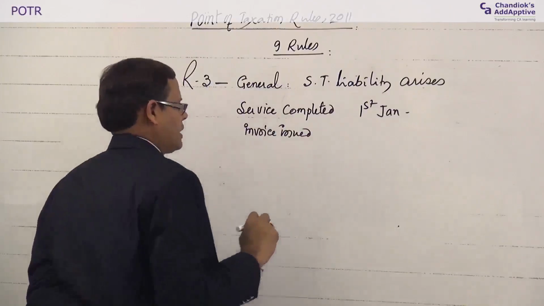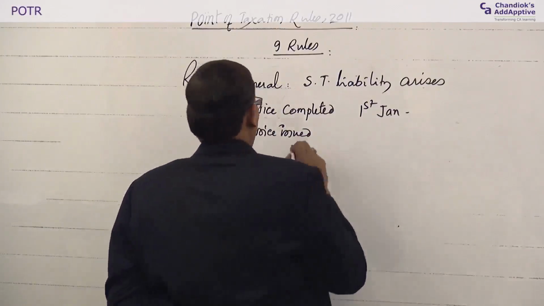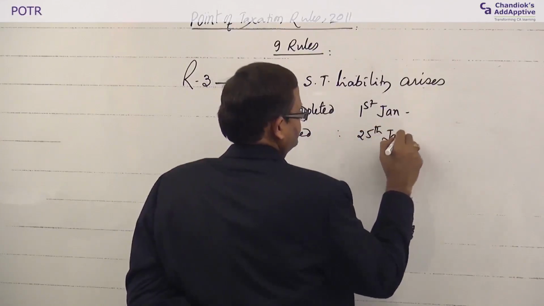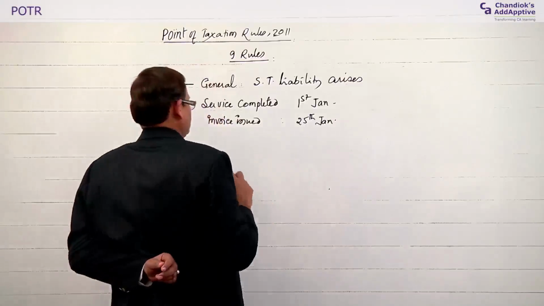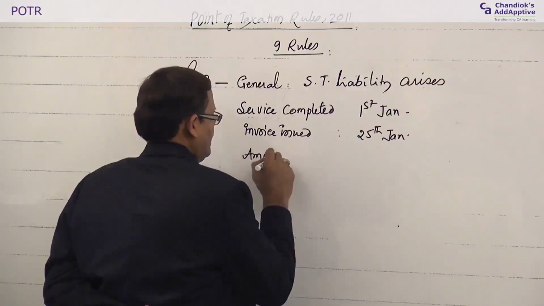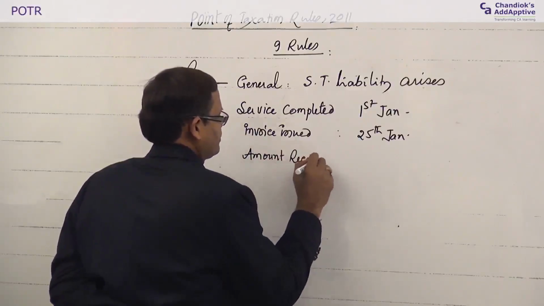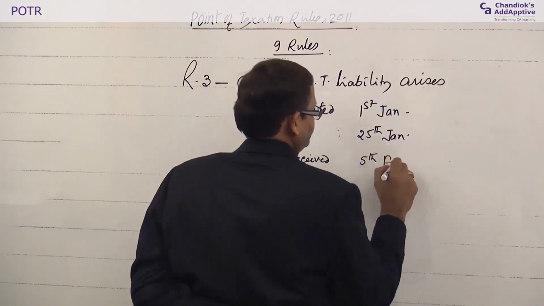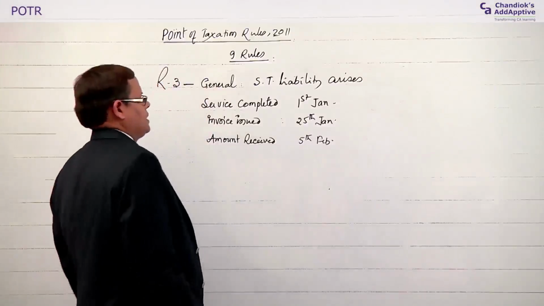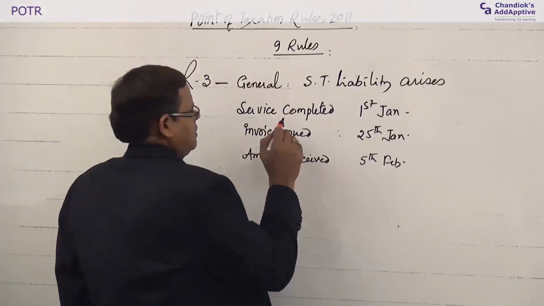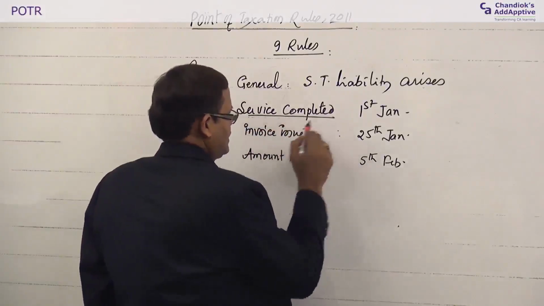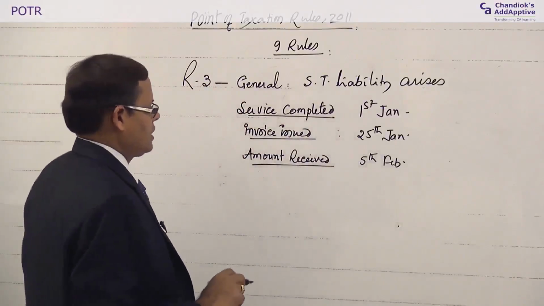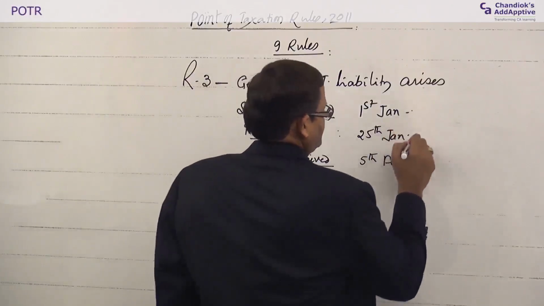I am not dealing with banking and financial institutions here. So the service was completed, thereafter the invoice was issued, and thereafter the amount was received, and within 30 days the invoice was issued.